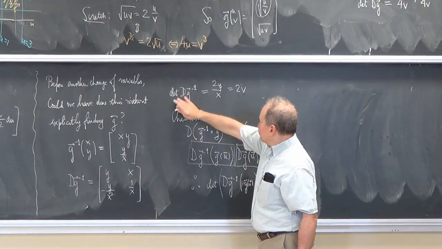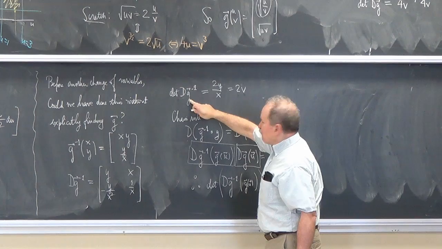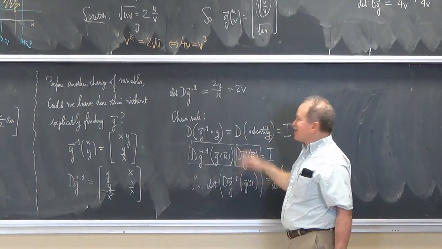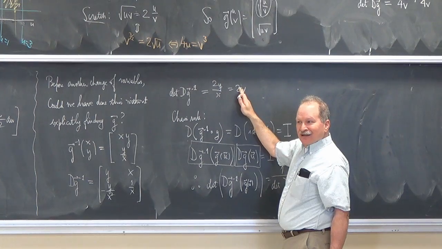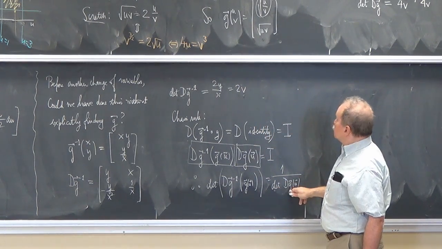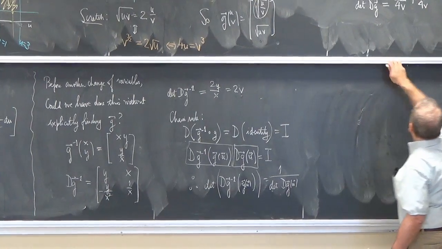We said take the determinant of dg inverse and evaluate at g of u. In other words, rewrite it in uv coordinates. That's what I did here. And we should get 1 over the determinant of dg at u. Well, that's what we got.